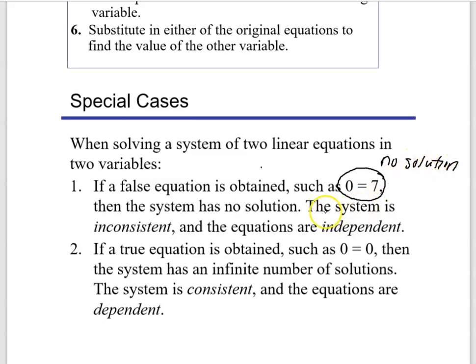Those two lines are parallel, there's not any solutions. And another word people use for that is it's inconsistent, or that those equations are independent of each other.